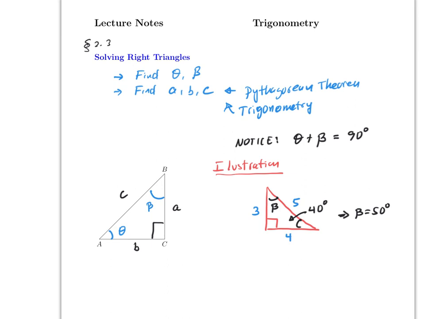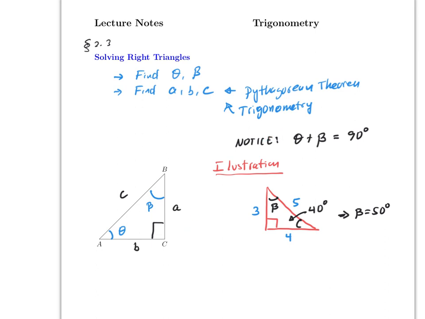Why? Because if this is 40, this one has to be 50 to add up to 90. The sum of the 3 angles inside is 180, but this one is always fixed to 90. So theta plus beta is going to be 90 degrees all the time.